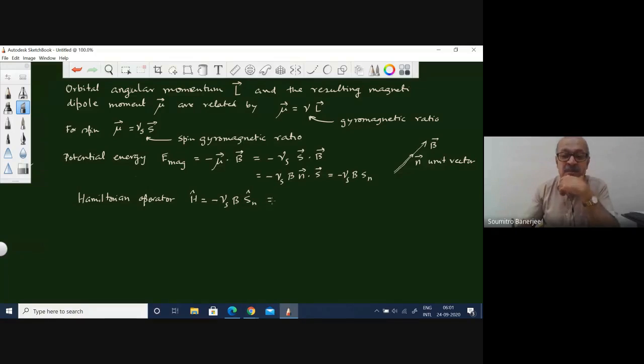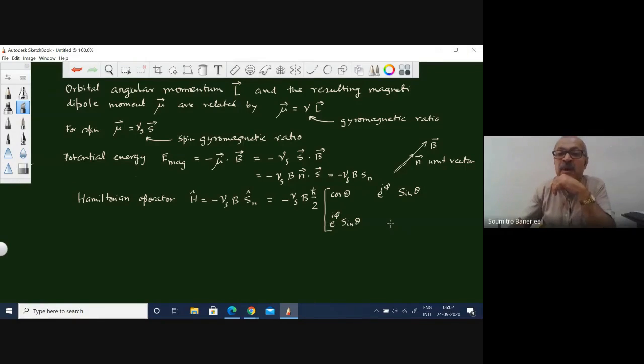So we can substitute to obtain minus gamma S B. It had h cross by 2 up front, so h cross by 2 comes, and I simply write the expression of Sn that we wrote in the last class. If you recall, you can check your copy for the last class: cos theta, e to the power i phi sine theta, and here e to the power i phi sine theta.